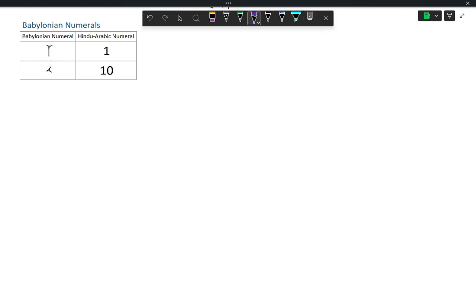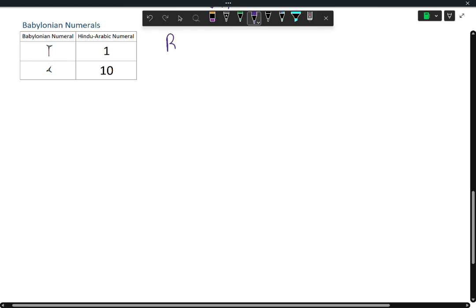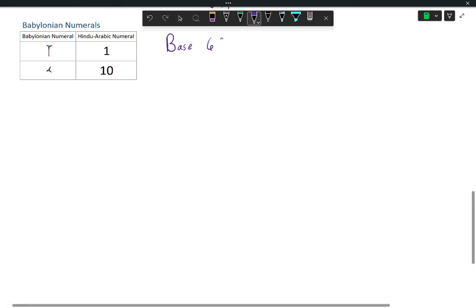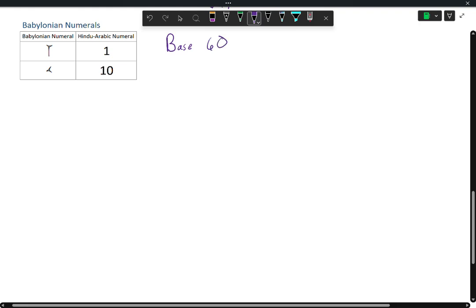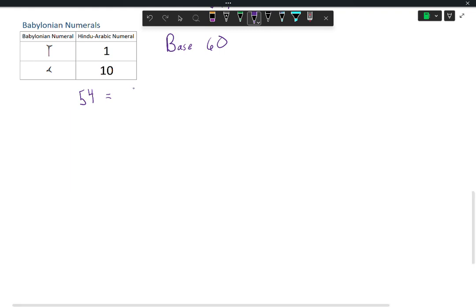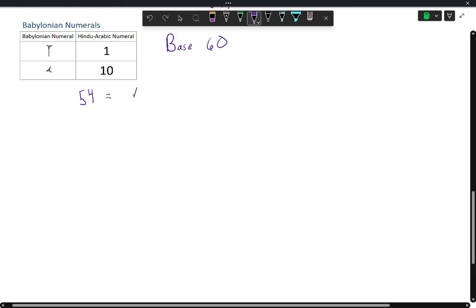Now, here's the odd thing about Babylonian numerals. They're in base 60. So what do I mean by that? Well, let's start by converting some easier numbers. So let's look at 54 in our Hindu Arabic numerals. 54 is really annoying in Babylonian because I need to show 5 of my 10 symbols, and then 4 of my 1 symbols.